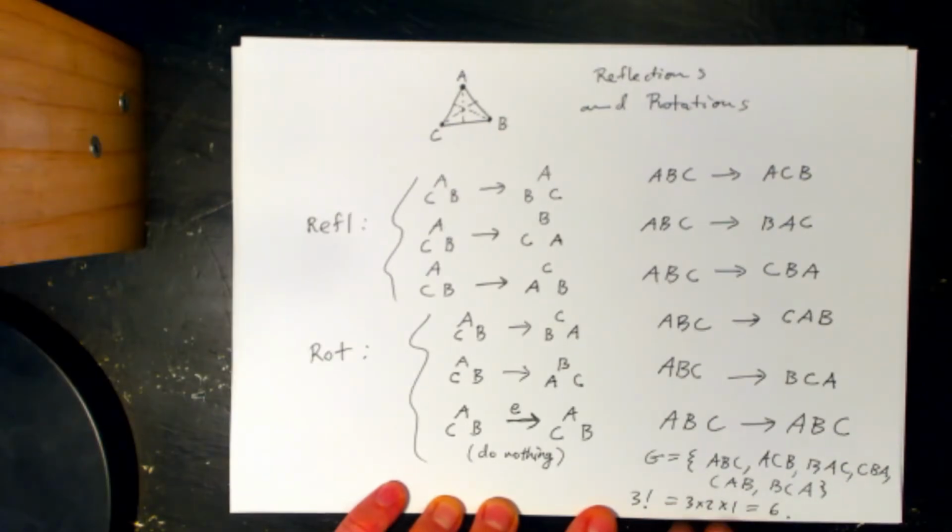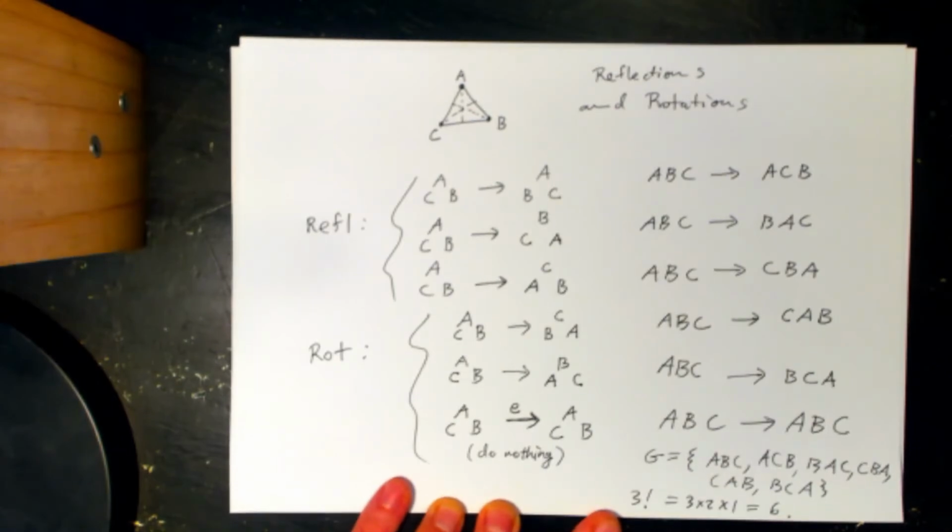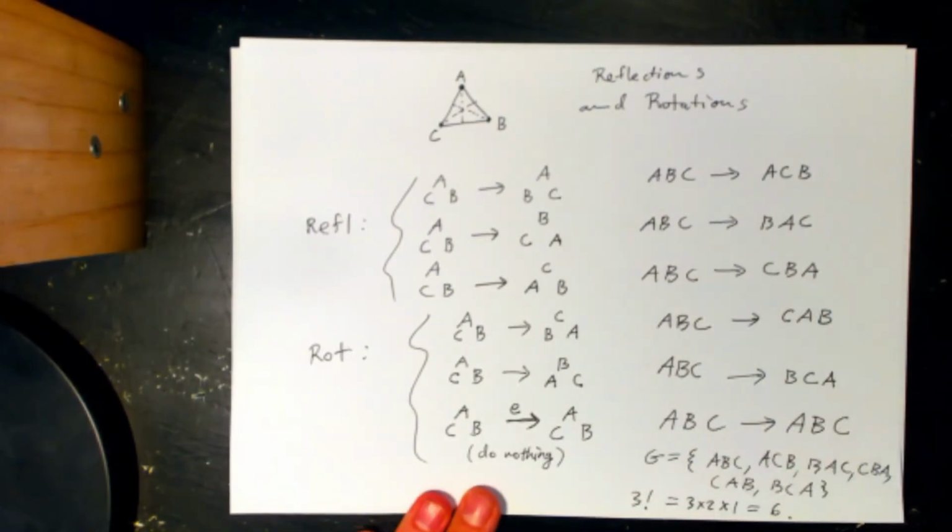So I'm happy with that because I know that there are 6 permutations of 3 letters. So that tells me I have all of them there. Okay, so this is another example of a group.